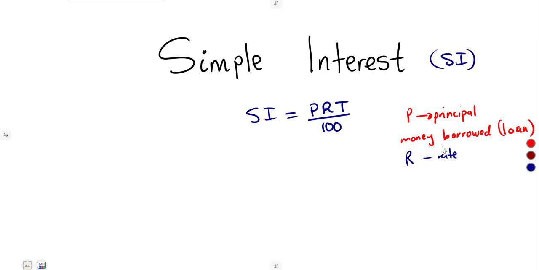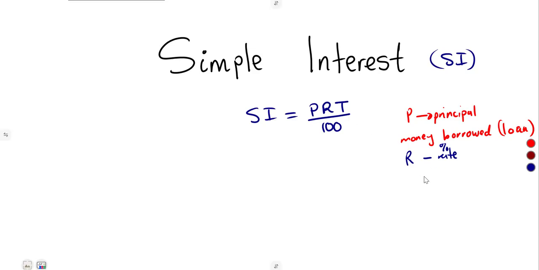Then R is the rate, the percentage rate, at which the money that you borrowed is going to increase in a specific number of months, which is then converted to years. T is the time.